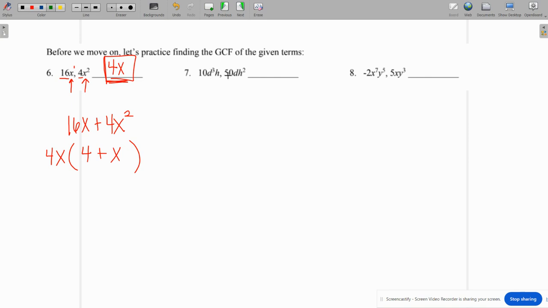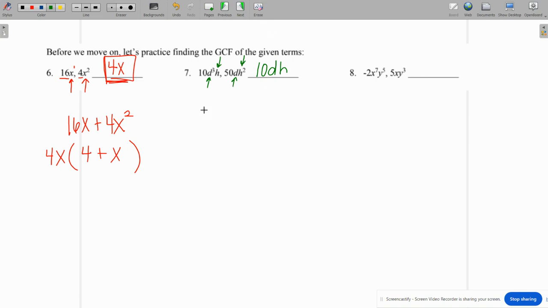10d cubed h and 50dh squared. Well, 10 and 50, the GCF of those is 10. D cubed and d to the first means that they only have a d in common. And then h and h squared means that they only have an h in common.